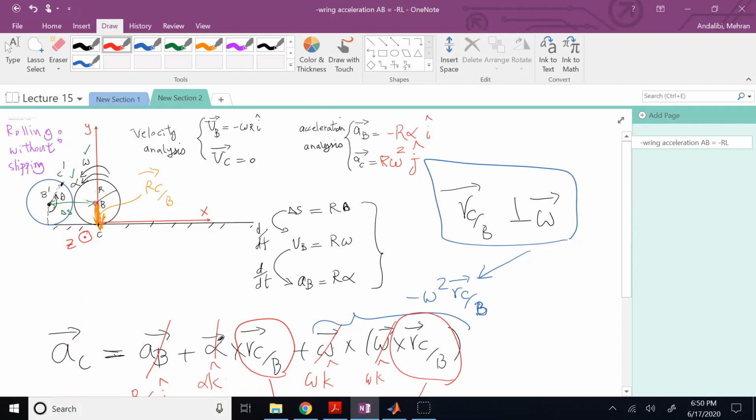Now, does that make any sense? So, does it make sense? That was the question. And it says the contact point, if you look at these two pieces of information together, is currently stationary, and the acceleration it has is upward.